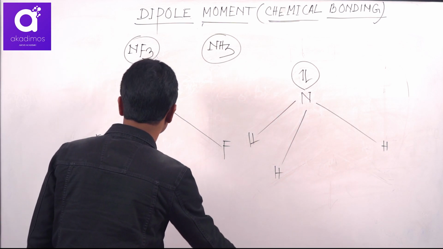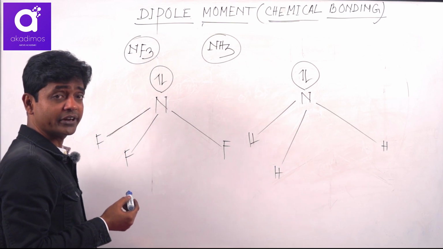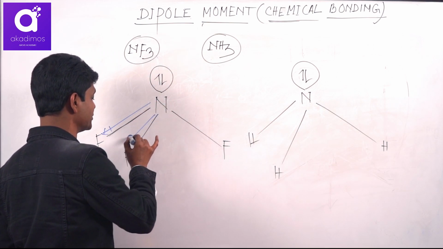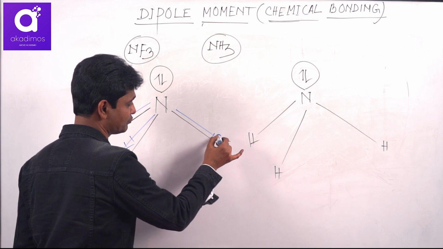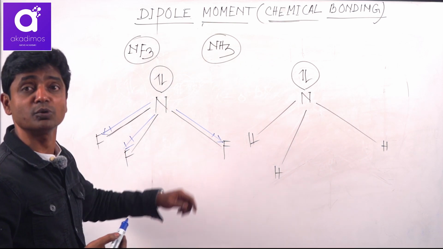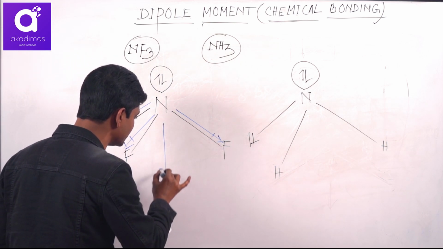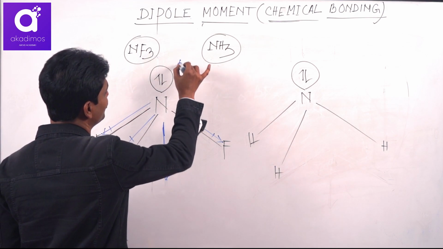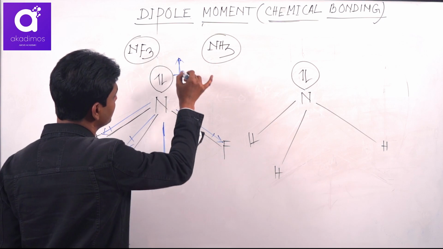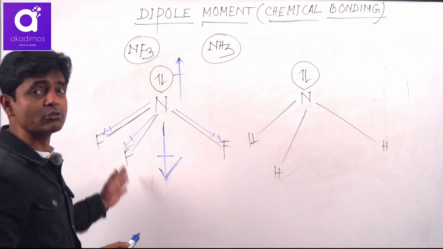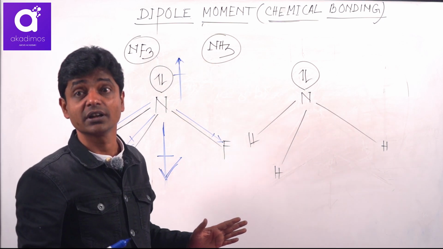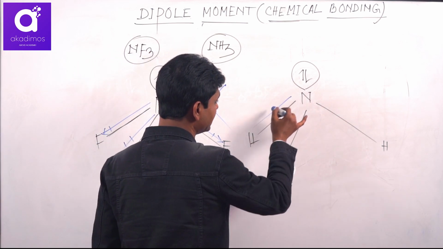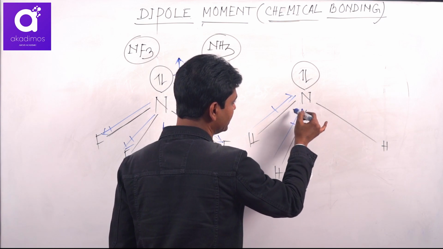Now one thing is important here. You know fluorine is more electronegative than nitrogen. Now here the bond moment direction is along this. Take the resultant bond moment. Qualitatively, if I take the resultant bond moment, it will operate along this direction. The lone pair moment is in this direction, and it will be partially cancelled out. Since it is not by an equal amount, it is not zero, but remember its dipole moment is less. Here see the N-H resultant bond moment.